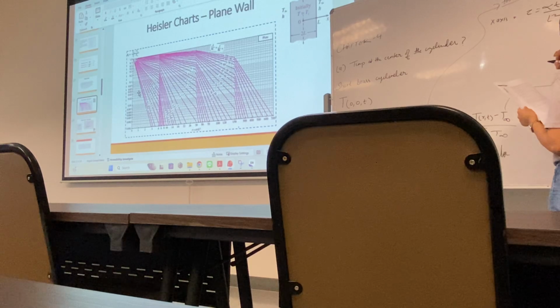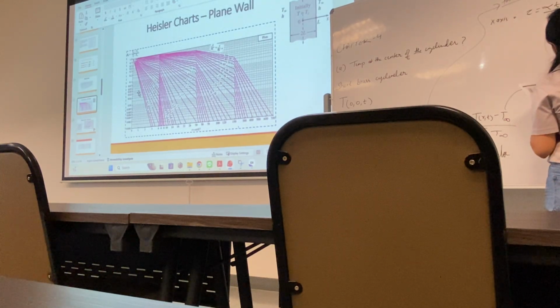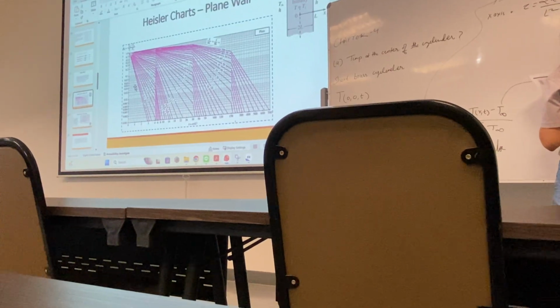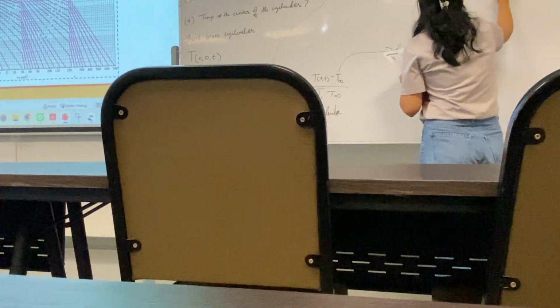In our cylinder, alpha is 17, t is 900, L is 11. This is 8.4.